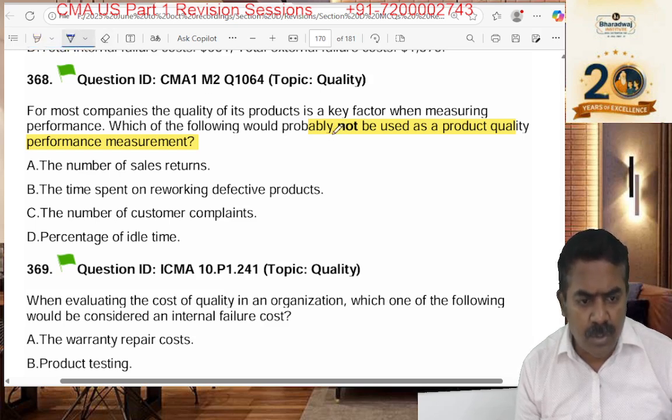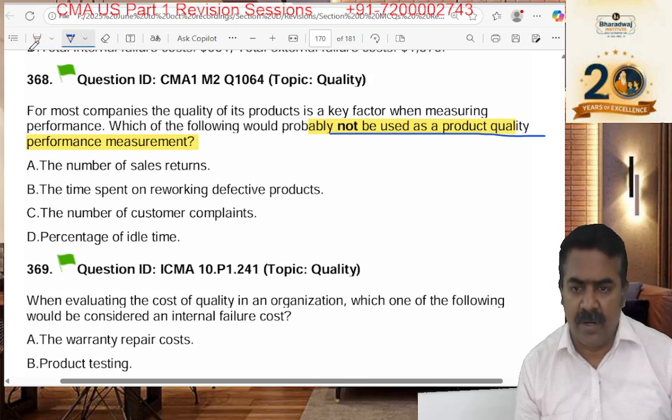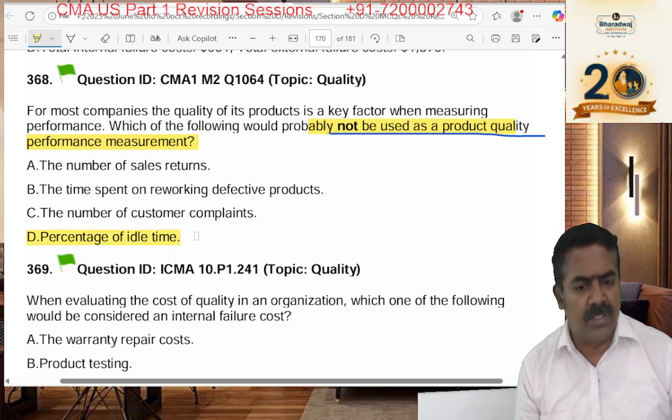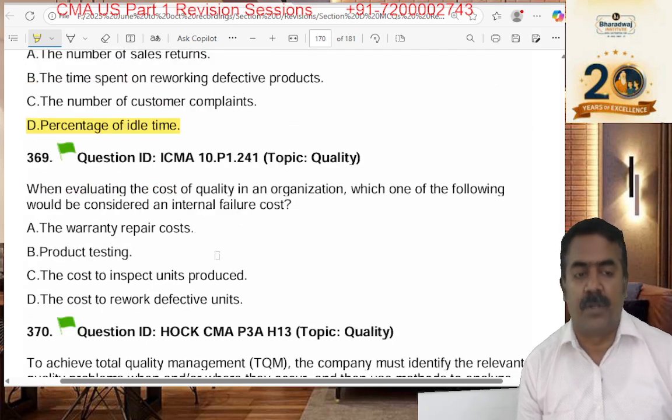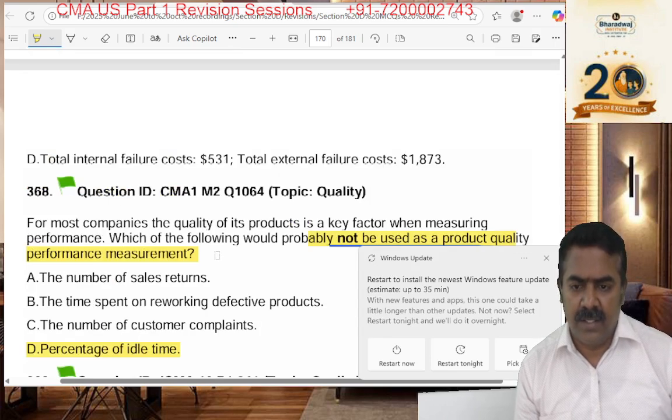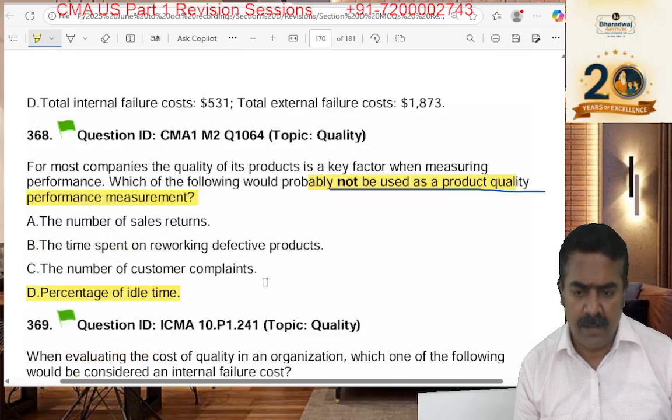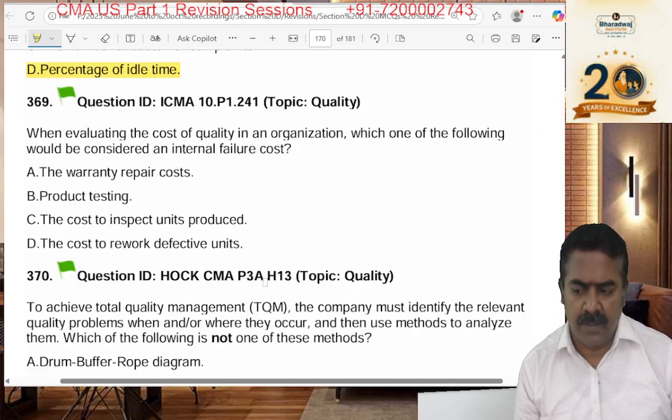Which is not to be used as a product quality measure? Okay. Product quality: number of sales returns of defective products, customer complaints to do with quality. Idle time is to do with labor management only, nothing to do with which one? Product quality. Answer is B. Internal failure cost, cost of rework.